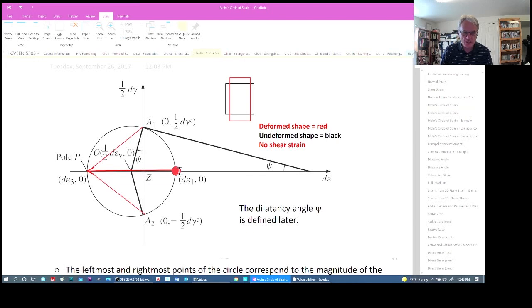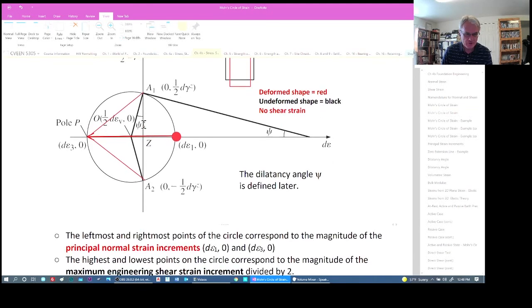So we draw a line parallel to that plane until we intersect the Mohr circle of strain, and where we do that becomes the pole. And then from the pole we can draw other lines. These show the planes, and if we drew a line up to here and a line down to here, then we would define these planes, and then we can get the normal strain and shear strain on that plane by reading the coordinates off of the Mohr circle.